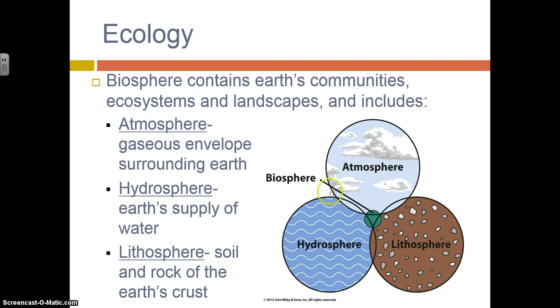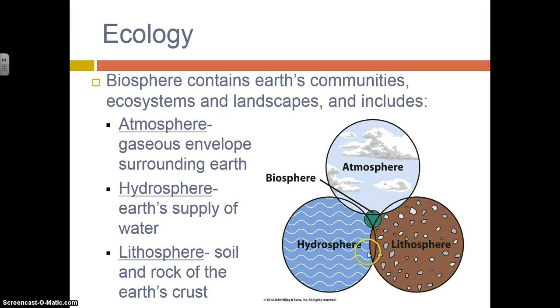You have the atmosphere, which is all of the air. You have the hydrosphere, which is all of the water. And then you have the lithosphere, which is all of the rock. Within these various landscapes, you have a number of different ecosystems.